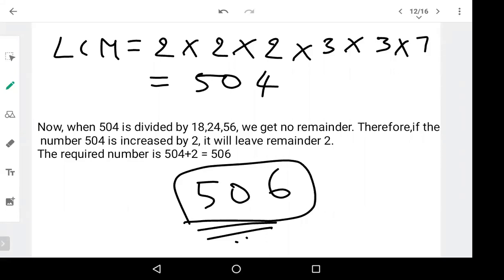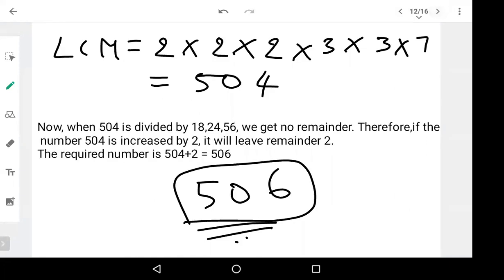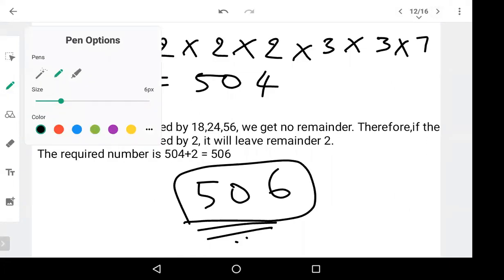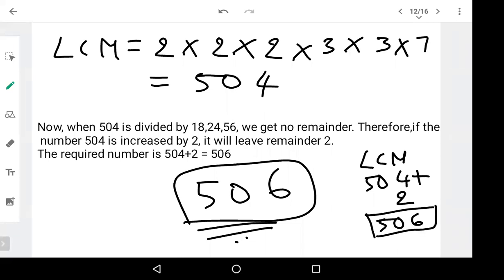Now in the question they're asking us clearly, find a number which leaves remainder 2. So, which simply means that if I add 2 to LCM 504, that will become 506. Then this number 506 will leave a remainder 2 because of this extra number added.